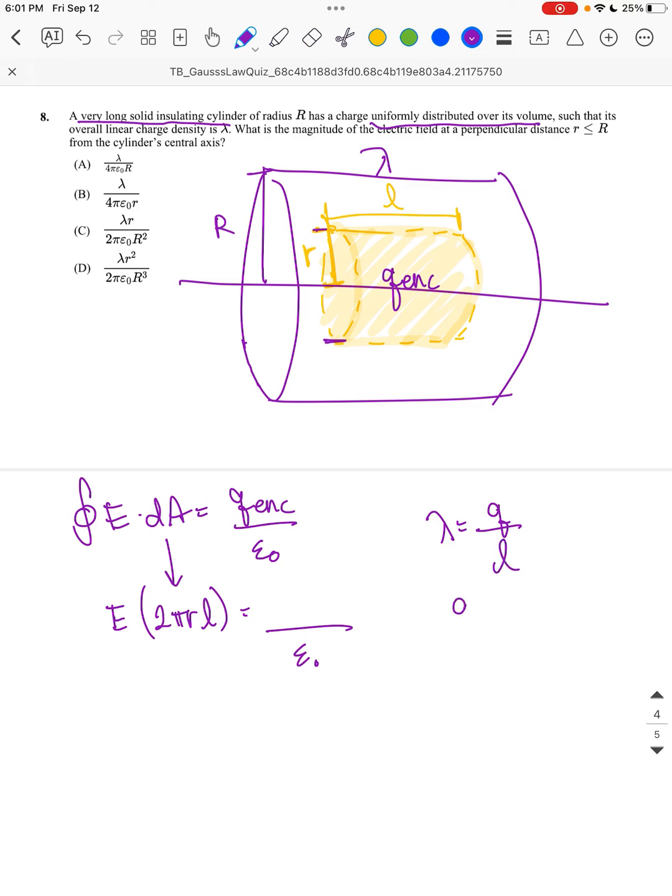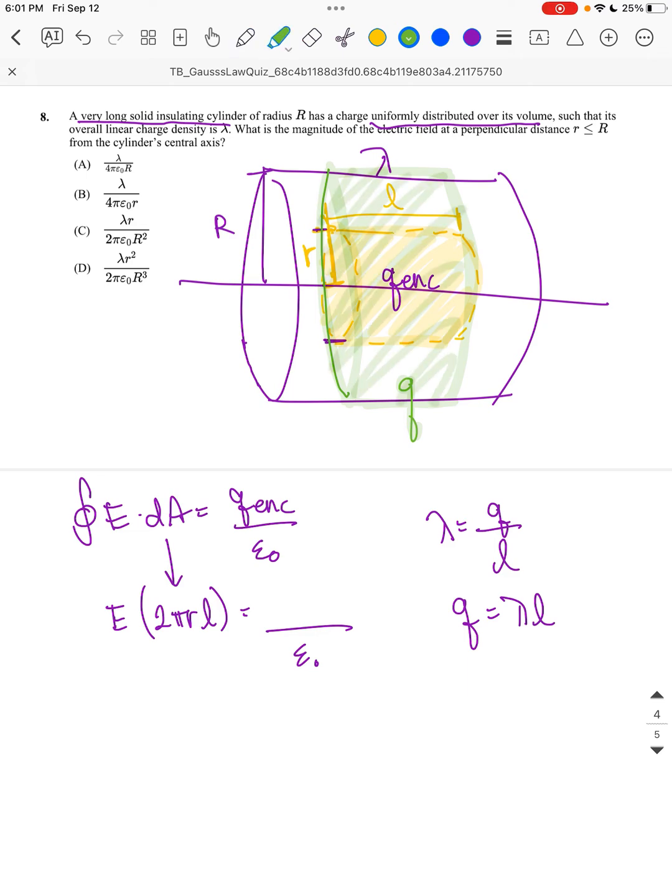So the charge that I have is lambda L, and lambda L doesn't take into consideration smaller radiuses. It only takes into consideration the length of that cylinder. So really, what I've been given here is this Q, within this entire area here.